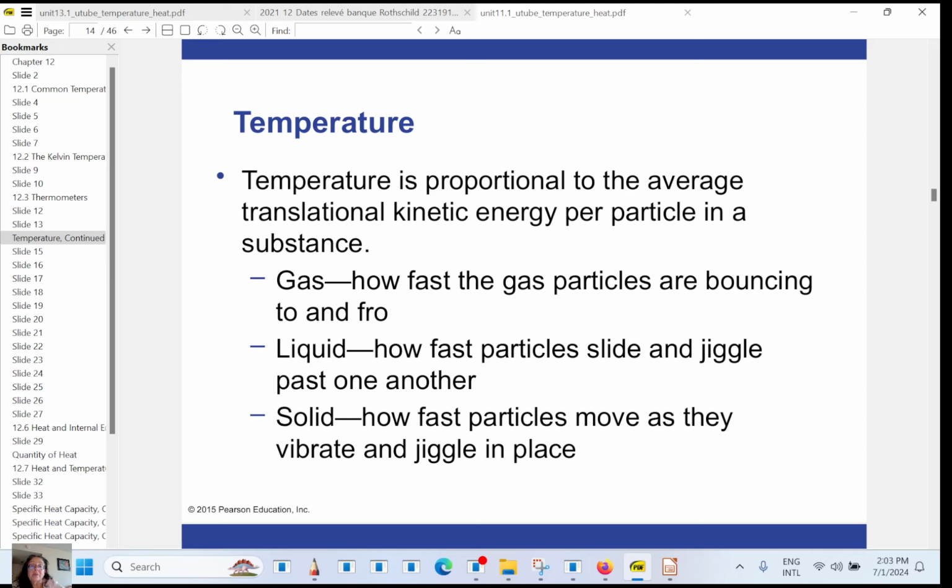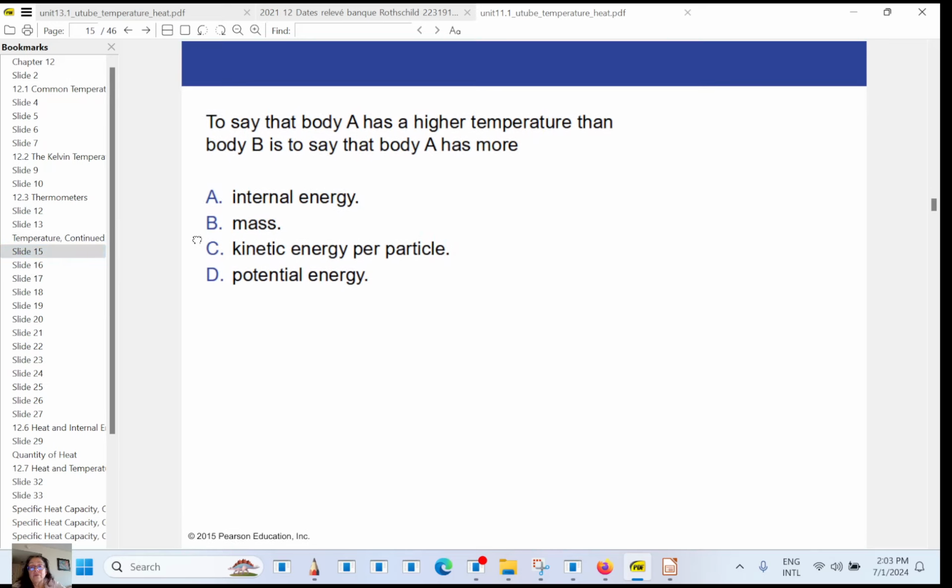Okay, so it depends how fast the gas particles are bouncing or how fast the liquid particles are sliding past each other. And in a solid, it is how fast molecules are moving or vibrating. Okay, so if you have this equation, higher temperature means what?